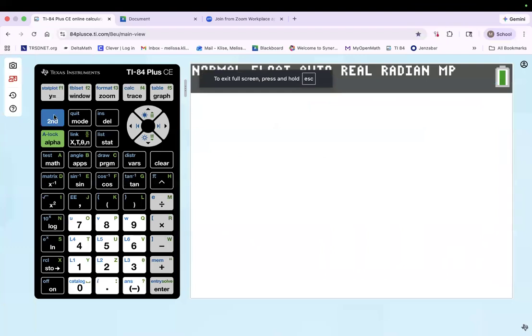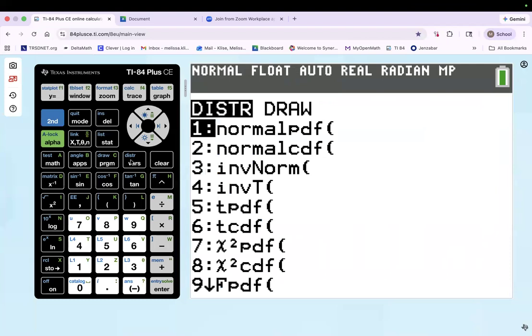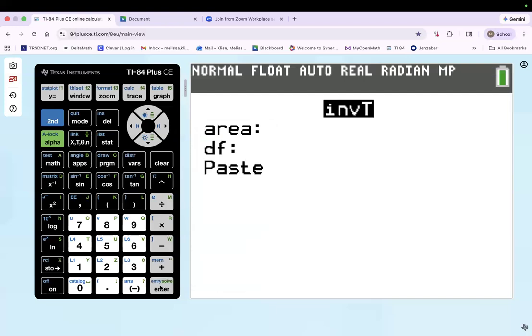So you go back to second vars because we're looking at a t distribution. So second vars, and down, notice how underneath inverse norm, we have inverse t. Inverse t right down here below inverse norm. So second vars, number 4 is inverse t.